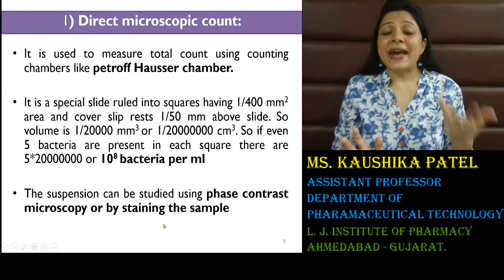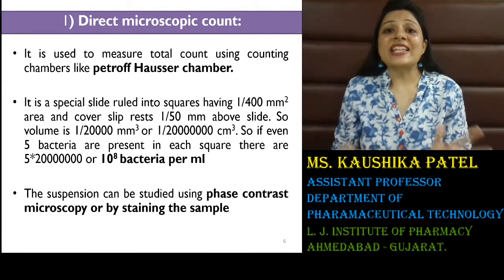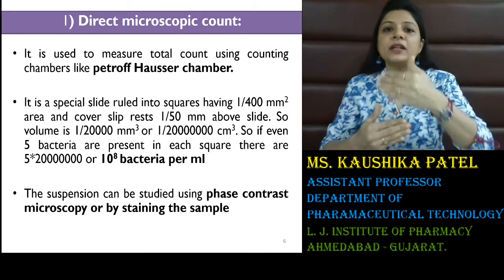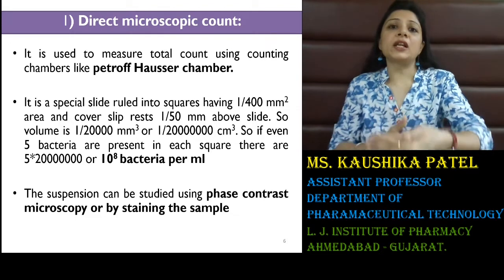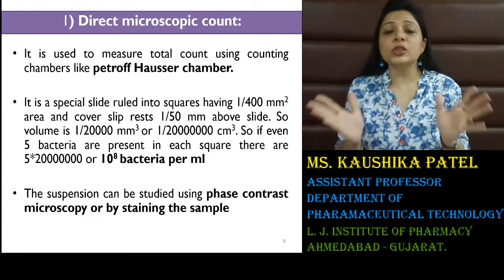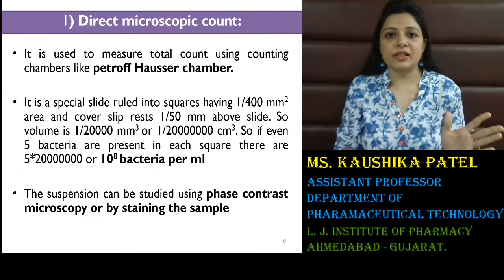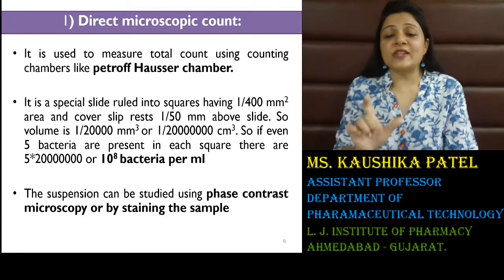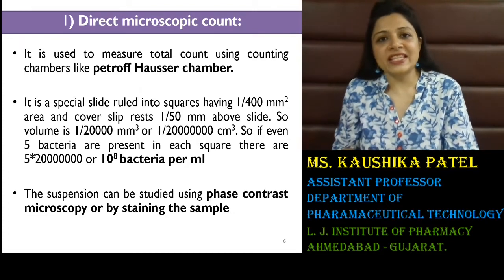Why? Because bacterial cells are transparent. You cannot view them directly. So you have to either impart color to the cell or impart color to the background to create a contrast, and then you can view the cells present in the sample. You have to do the calculation, and then you can count the number of cells present per ml of the sample.